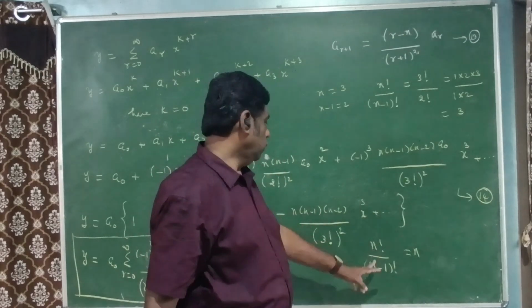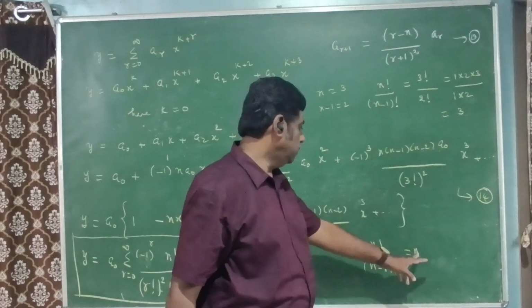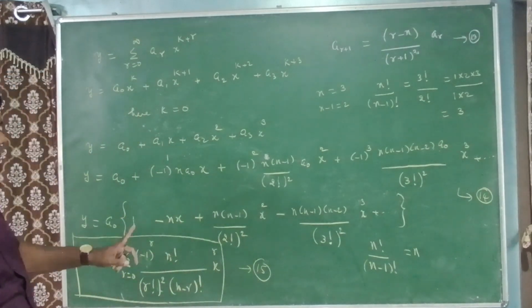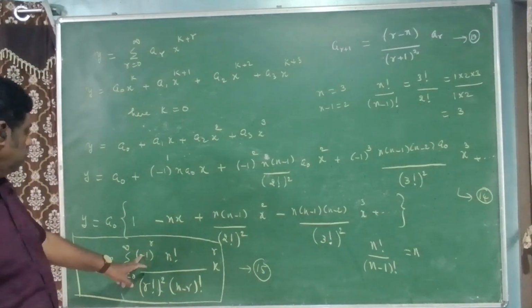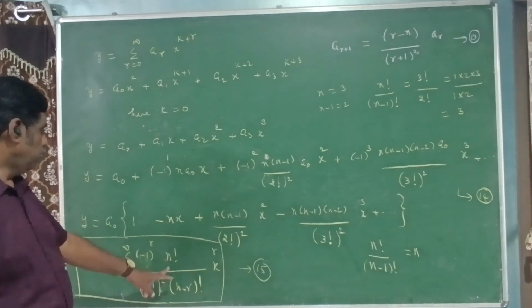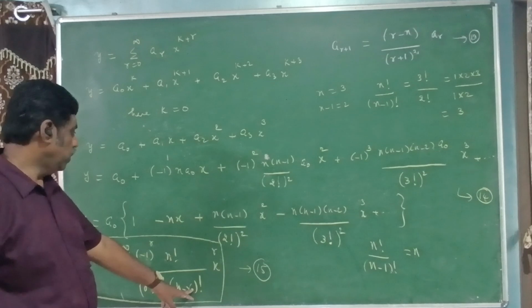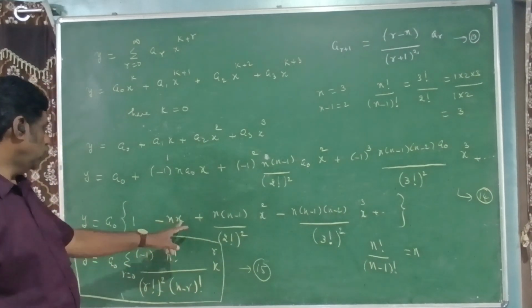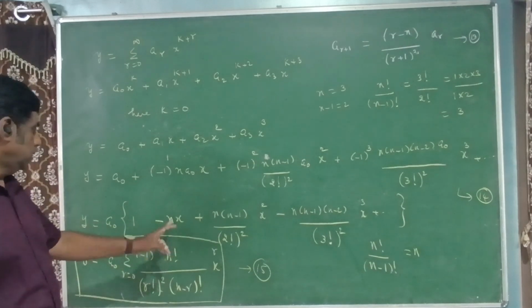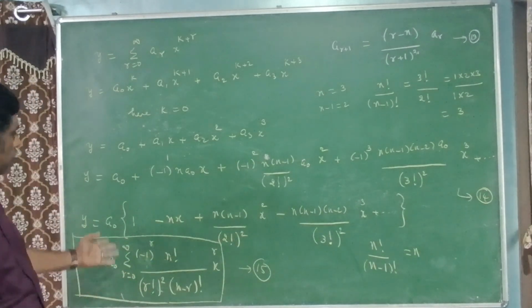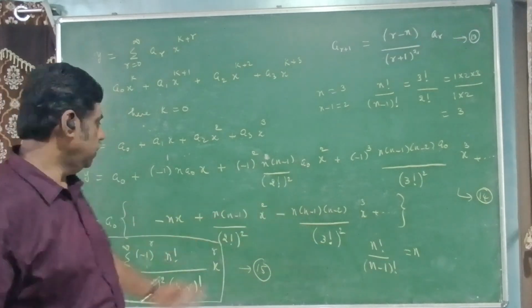So n factorial divided by n minus 1 factorial is n. So if you put r equal to 1, we get minus n into x, which is the second term. In this way, for different values of r, we can get the entire series.